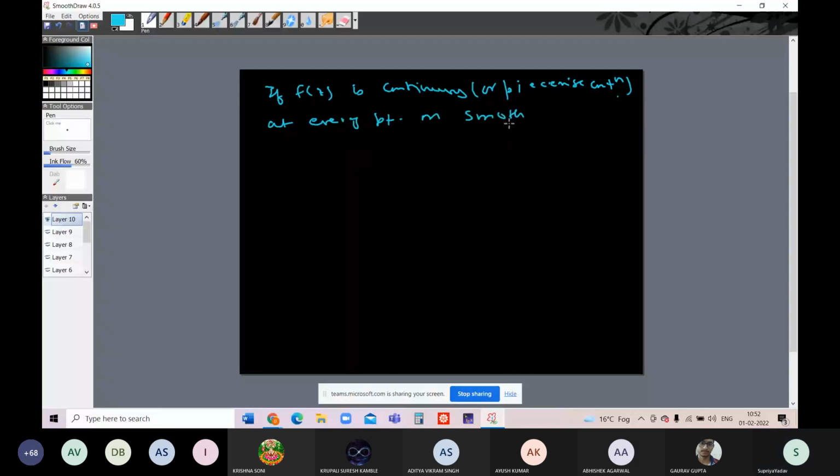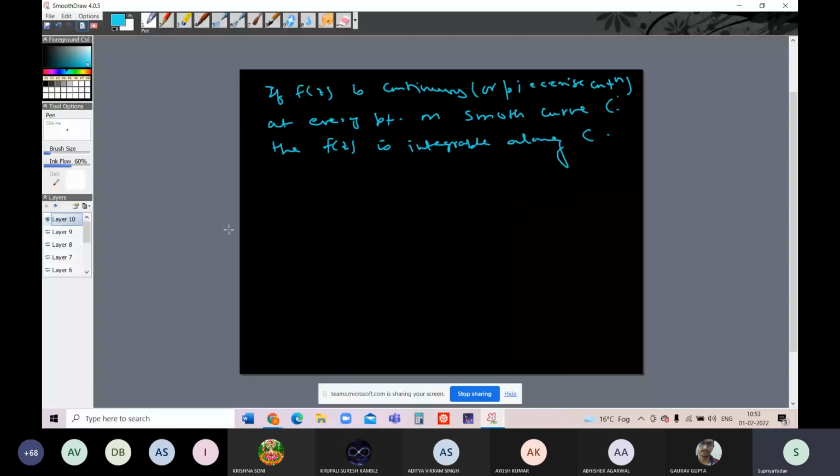If f(z) is continuous or piecewise continuous at every point on a smooth curve or piecewise smooth curve C, then f(z) is integrable along this curve C.